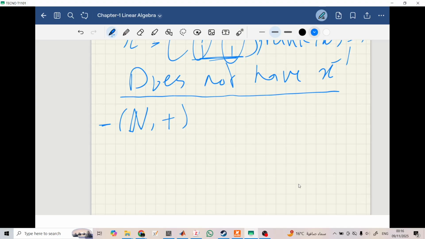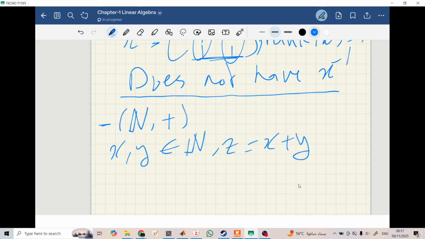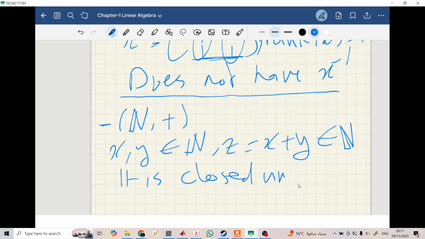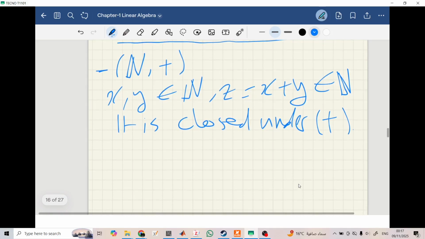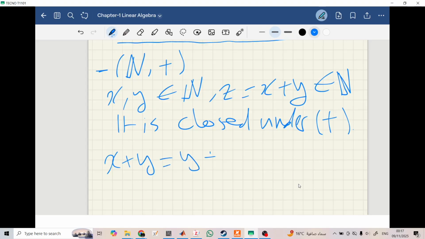Let's say x and y belong to natural numbers. So we can say that z, which is x plus y, also belongs to the natural numbers. So this set is closed under addition, no problem. The second thing is associativity, so x plus y equals y plus x.